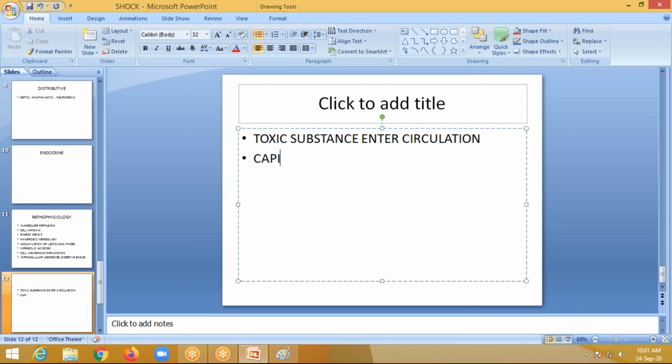This leads to capillary endothelium damage. Capillary endothelium is end artery circulation. If this endothelium damage is there, there is further destruction and cell death.